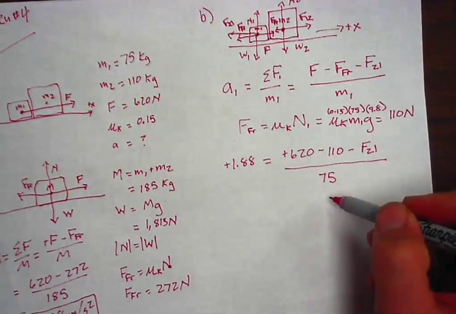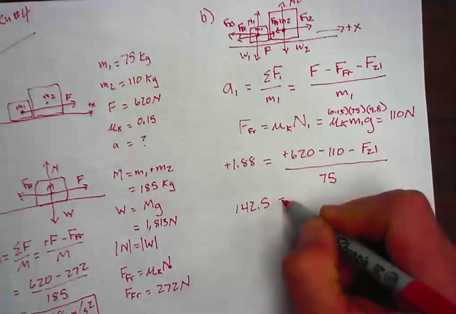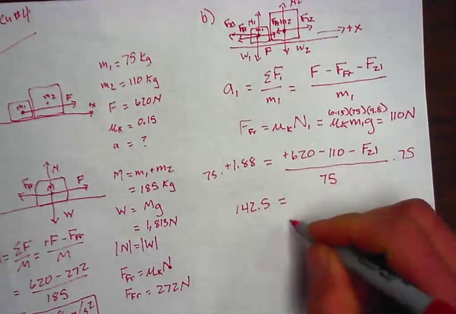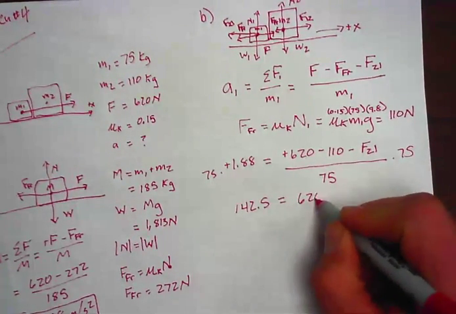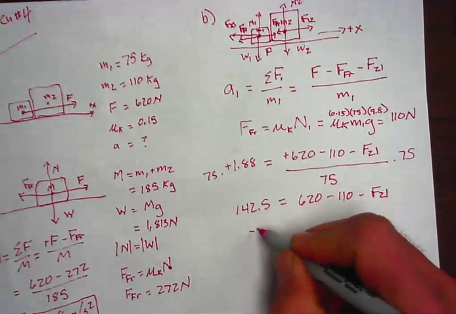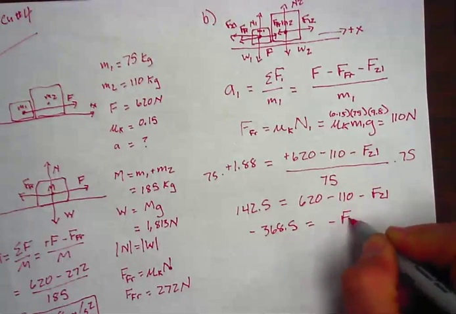If I do a little algebra, I multiply by 75 on each side. 142.5 equals 620 minus 110 minus F sub 21, so 368.5 equals minus F21.